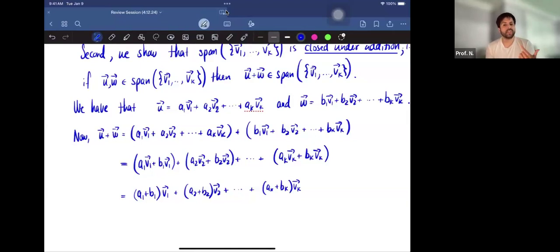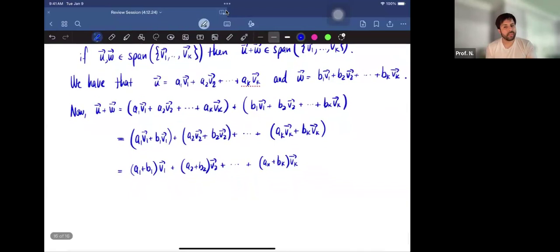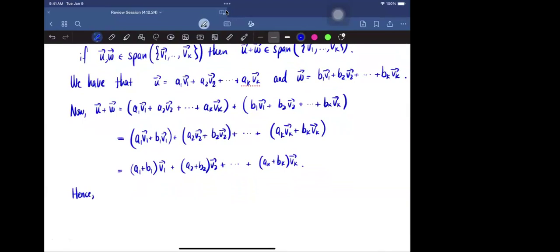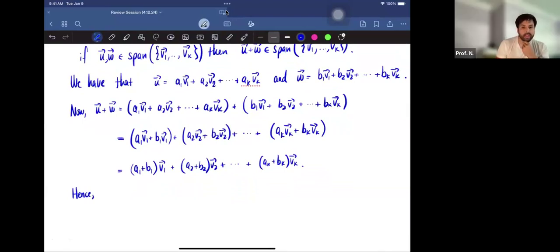Now, what did I just show? Hence, what's the conclusion here? U plus W is in the span, because U plus W is written as a linear combination of V1, V2, through VK.